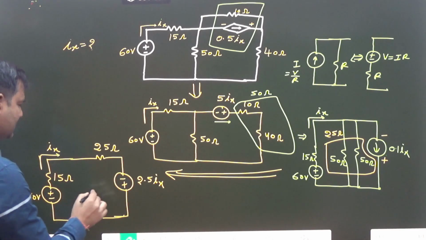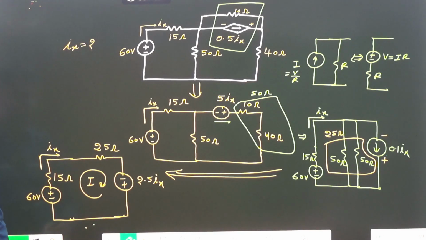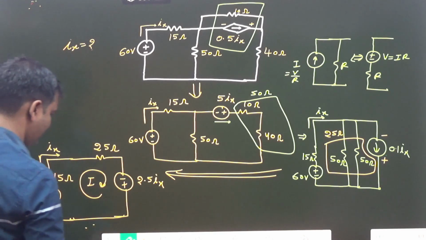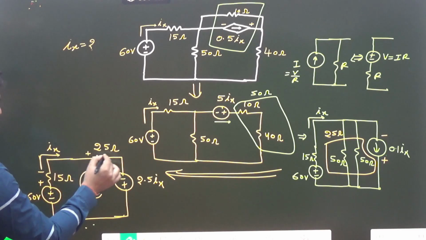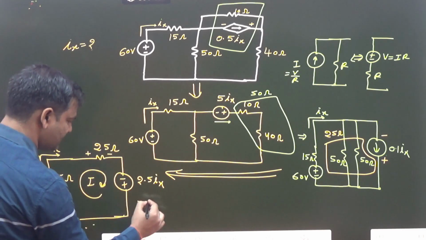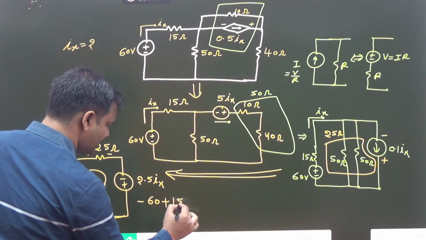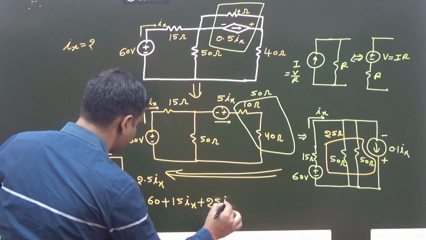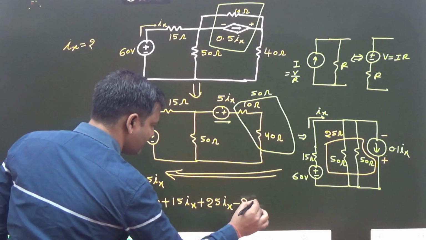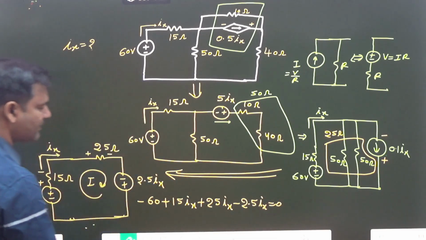After that, now the next target is to apply KVL in this loop. Very simple. That is loop 1. Simply: minus 2 plus minus 60 plus 15 into Ix plus 25 into Ix minus 2.5 into Ix is equal to 0.